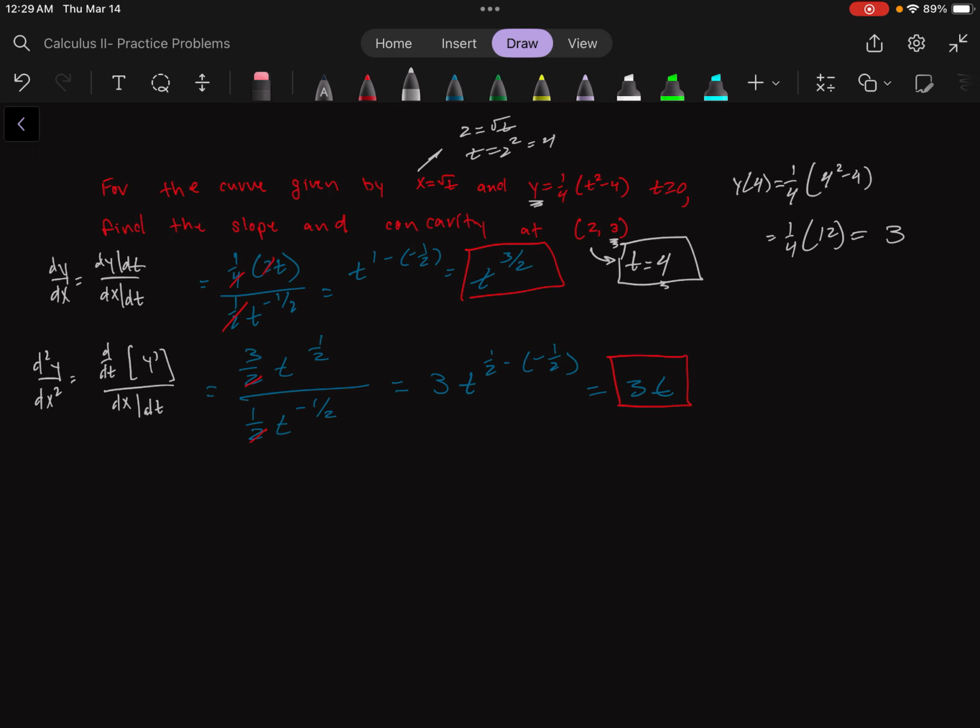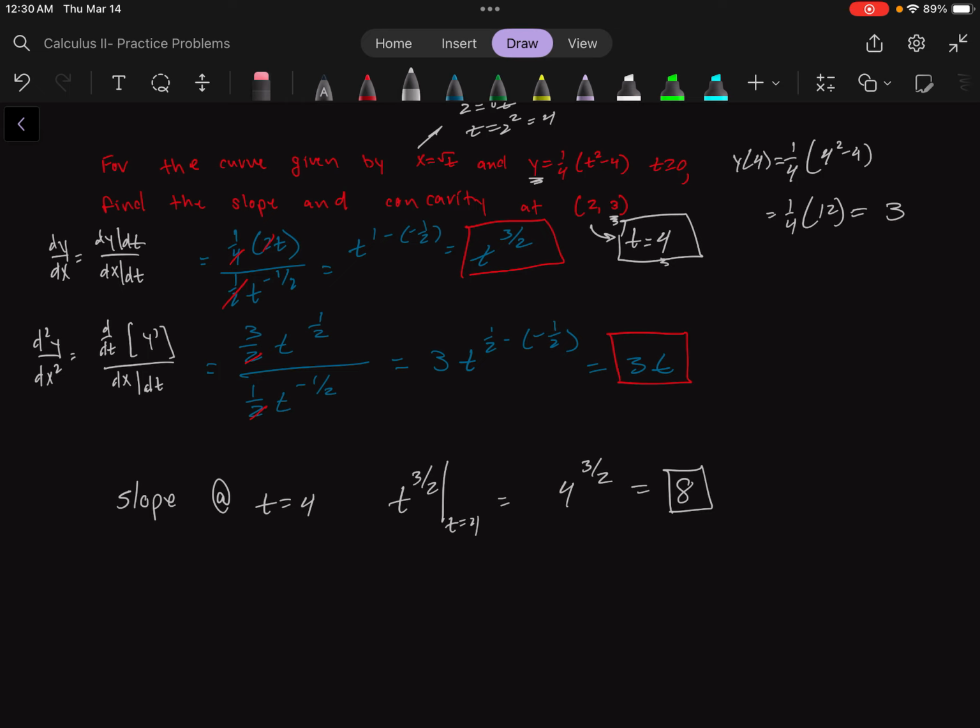So finally, the slope at t equals 4 is just t to the 3/2 evaluated at 4, right? So we have 4 to the 3/2, which is the same thing as 8. So that is the slope of the function at t equals 4, or at the point 2, 3, right? What about concavity?